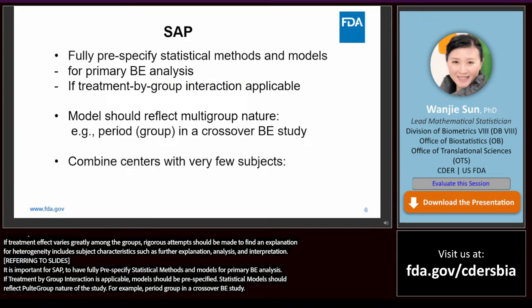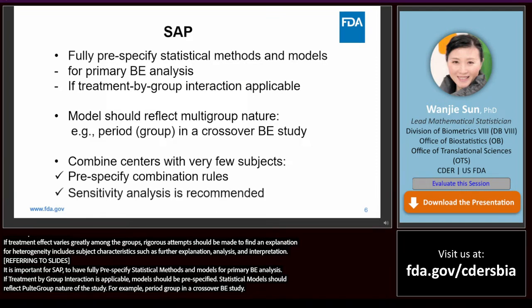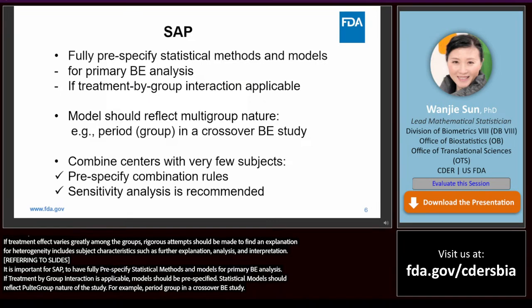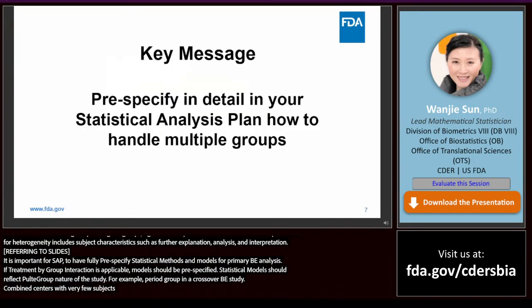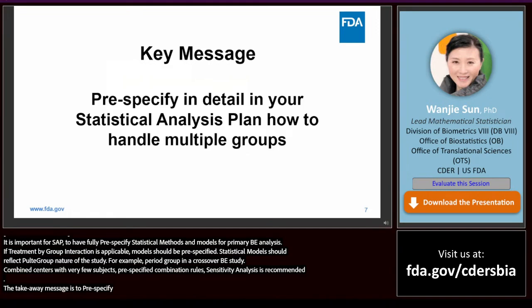If there are multiple centers and some have very few subjects, and if the sponsors want to combine centers in analysis, they have to pre-specify the combination rules and the sensitivity analysis is recommended. The take-home message is pre-specify in detail in your statistical analysis plan how to handle multiple groups.